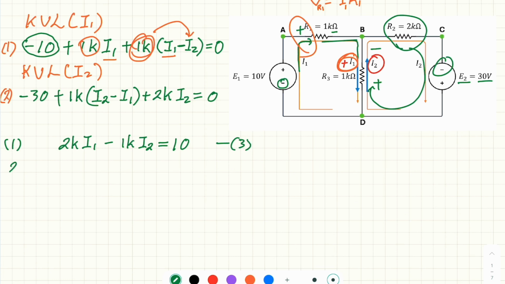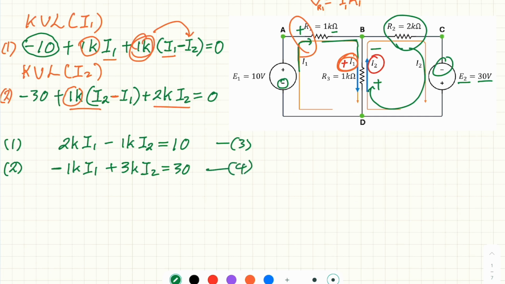Now from equation 2, we'll say I1. Now this time it's negative I1 and its coefficient is 1K. So we have negative 1K I1. For the I2, we have 1K I2, 2K I2. They're both positive. We got positive 3K I2, and it is equal to 30.